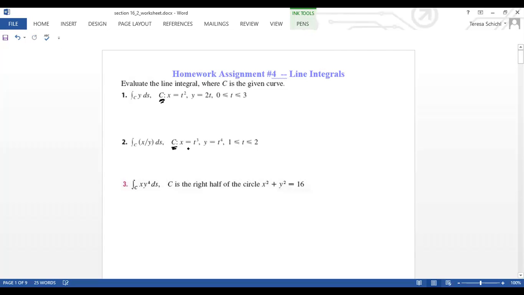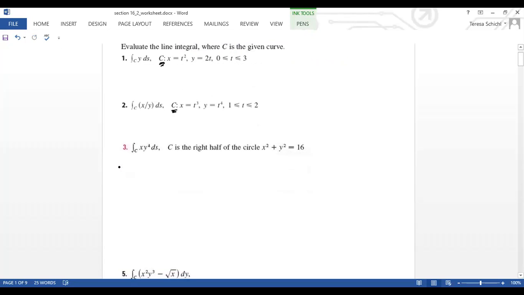The first thing I want to show you is problem number 3. I want to do the line integral over the given curve C, which is the right half of the circle x squared plus y squared equals 16.